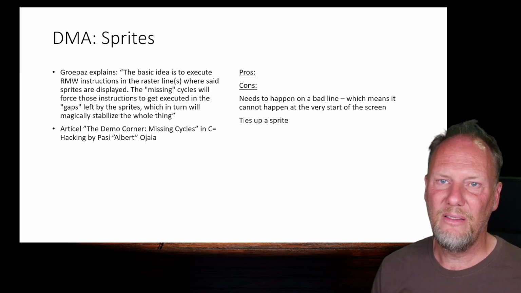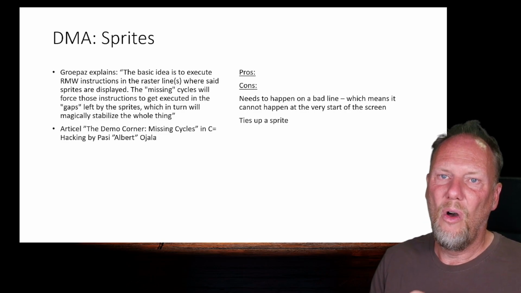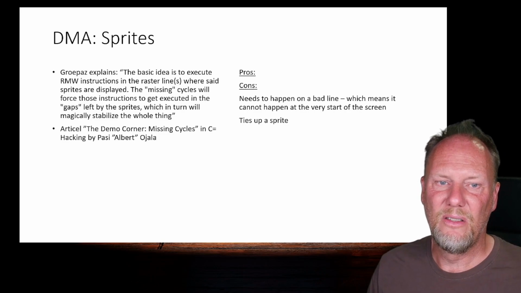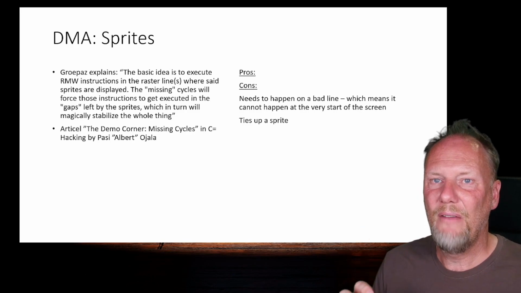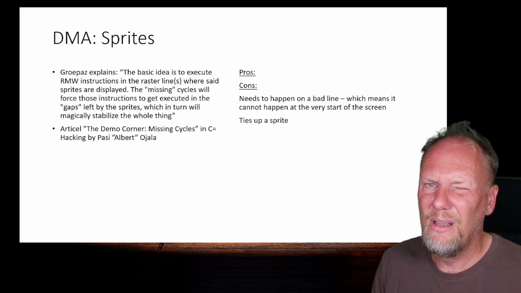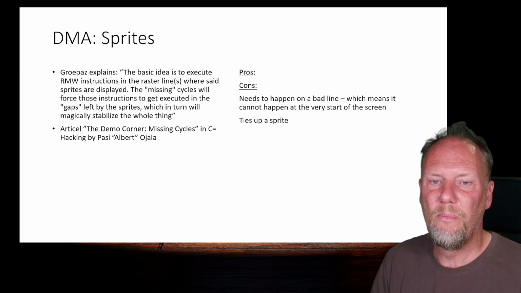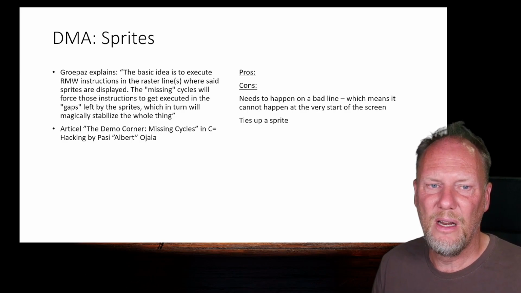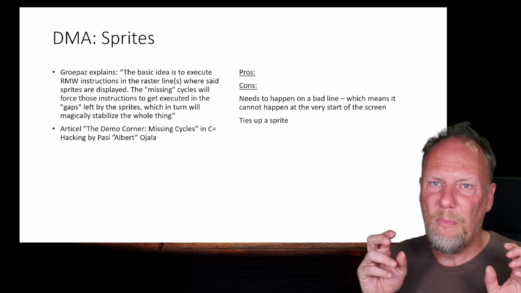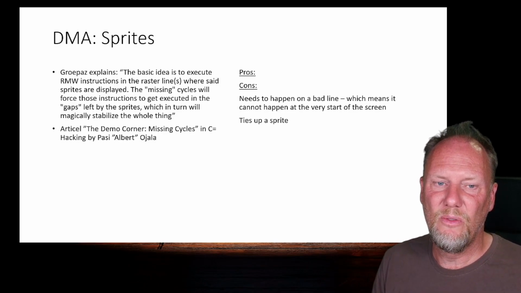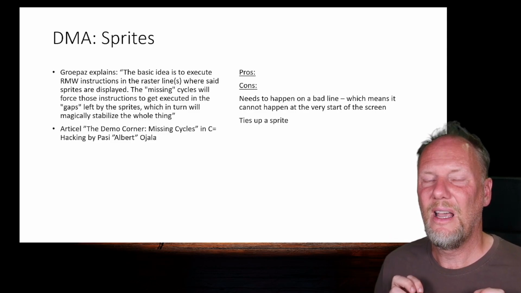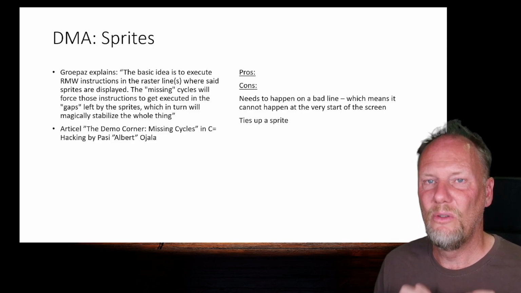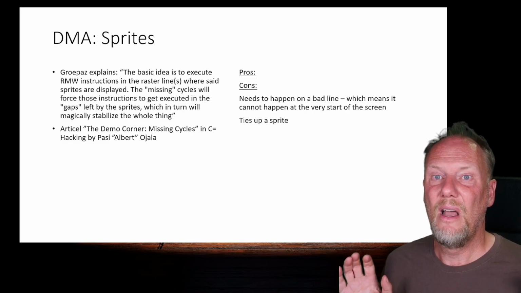So again, as described before, I think this needs to happen on a bad line. You need to place a sprite on the screen and ensure that the VIC gets access to the bus and the CPU sits and waits.